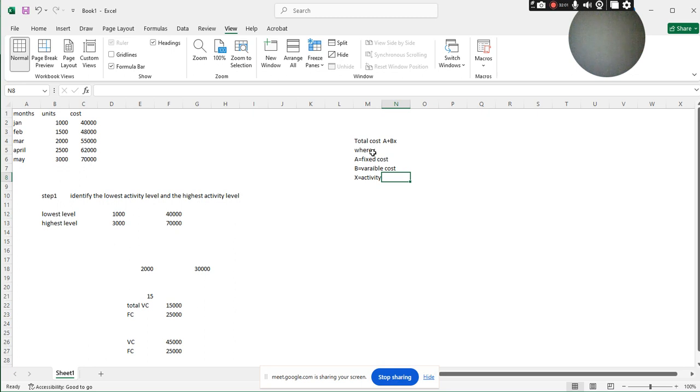The formula for A is summation y minus b summation x all over n. Some people call it sigma.